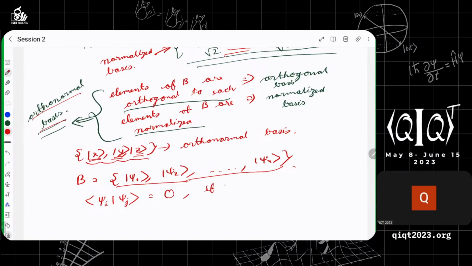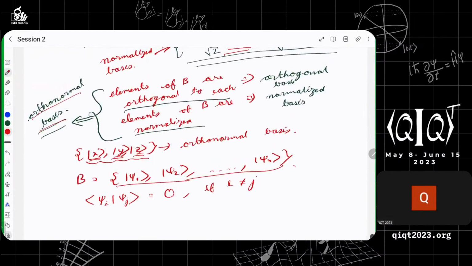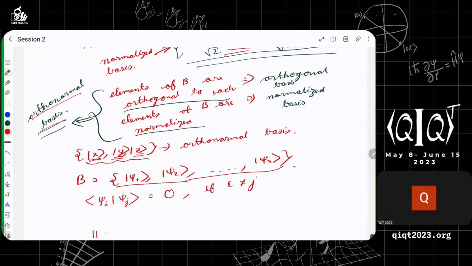And since this is normalized, we can also say that the norm of psi i would be 1, and the norm of psi i we know is just the square root of <psi i|psi i>.